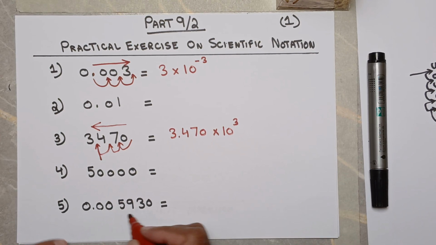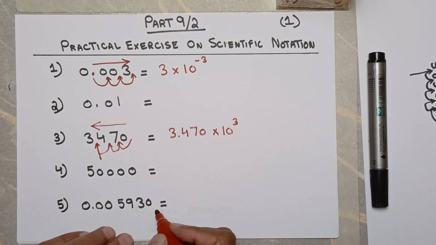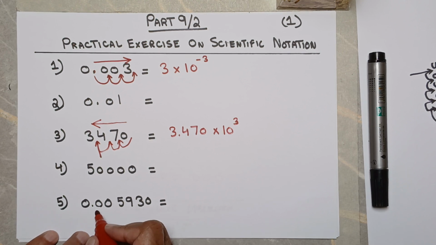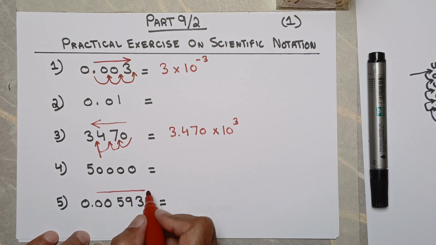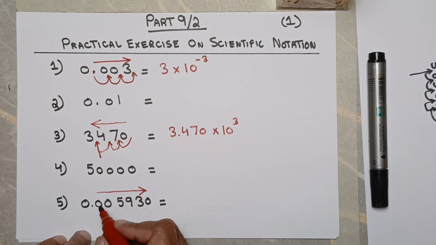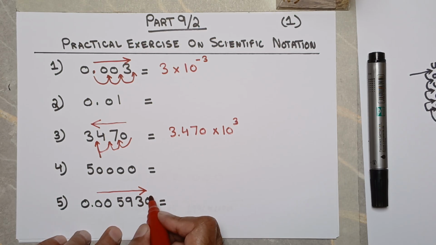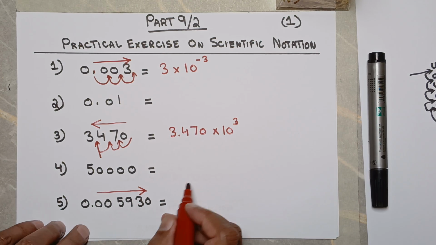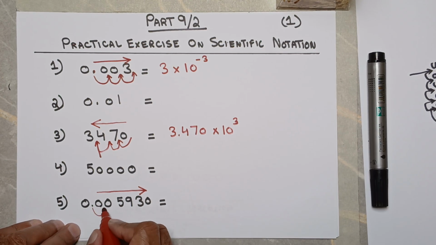Now the fifth question is 0.005930. Now this is a small value, and it means that I am going to move this decimal towards my right. I first have to see how many places it is moved towards the right.